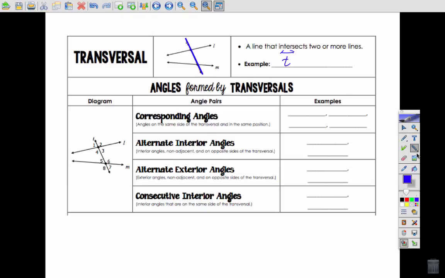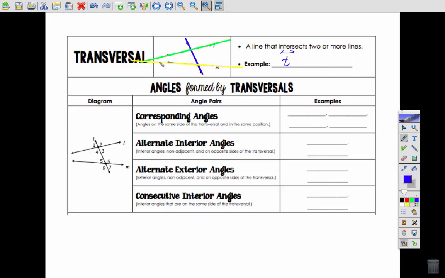Notice that if I were to extend the yellow one and the green one, they will eventually intersect with each other as well.